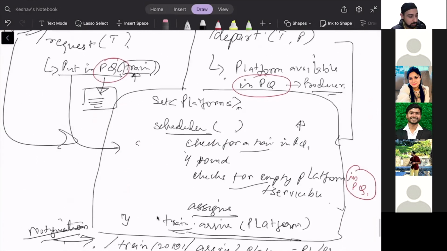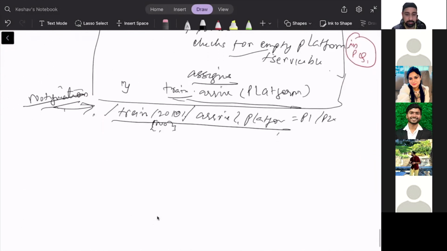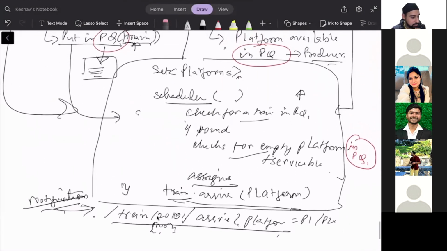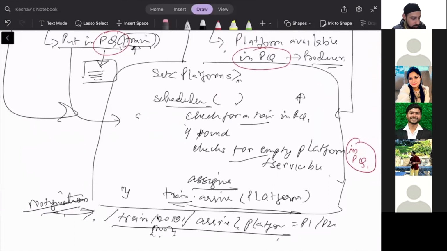Not even the notification part. I was asking about the code itself. We know that this scheduler is single threaded, right? But is this scheduler also the source of truth for platforms? There should be a different class for platform statuses as well, right? Maybe so. You can keep a set of platforms in a different class, which is your global object, and refer to the platforms from there.